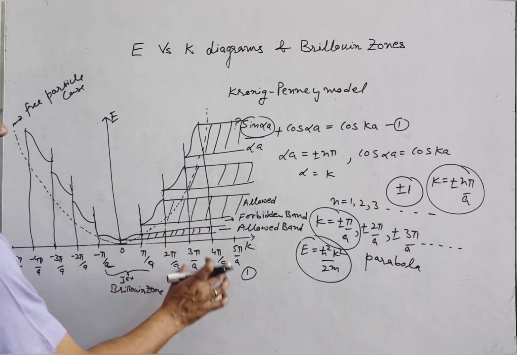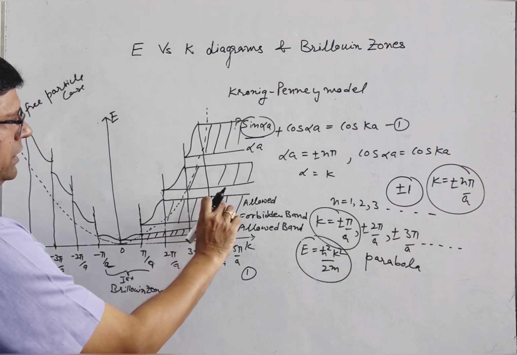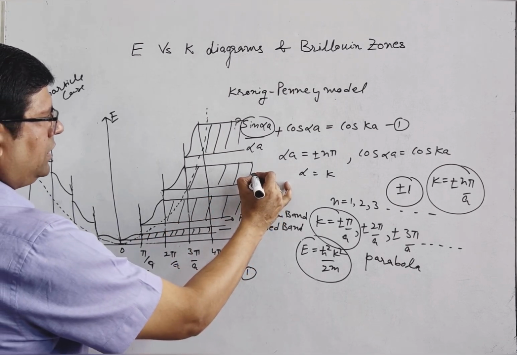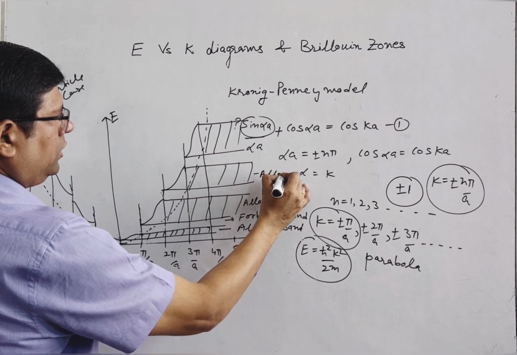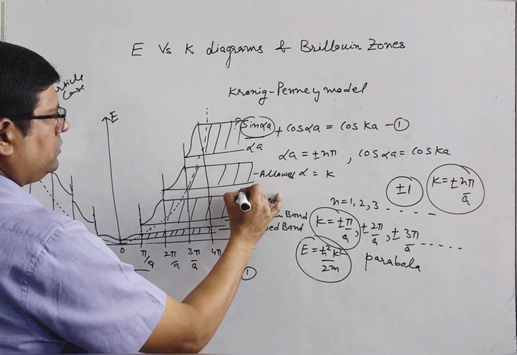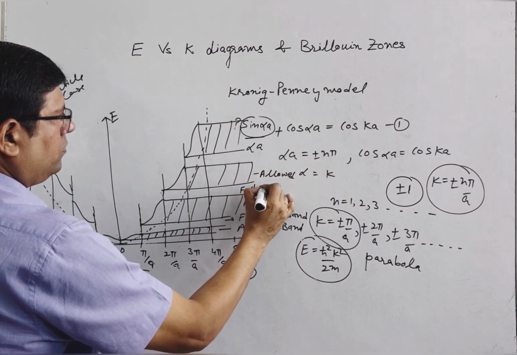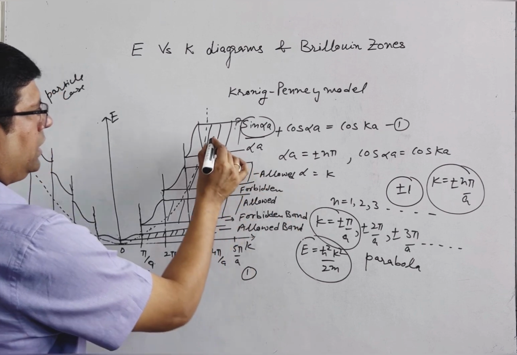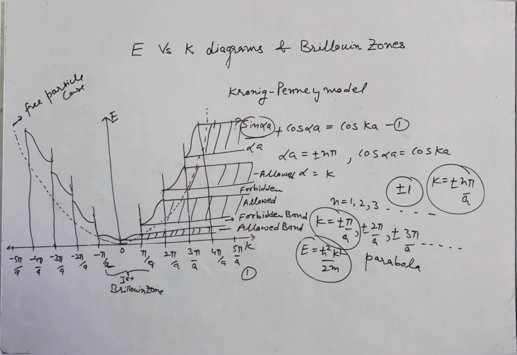So we have the allowed bands separated by not allowed band. This is also allowed band. Allowed. This is not allowed. Again, this is allowed.